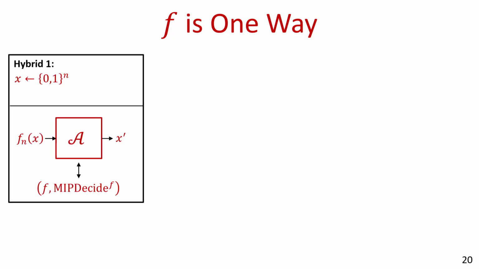The first hybrid is the real one-wayness experiment, in which we sample x, give the adversary f of x as input, and answer its queries using our oracle. Because f is injective, the adversary wins if its output x prime is equal to x.